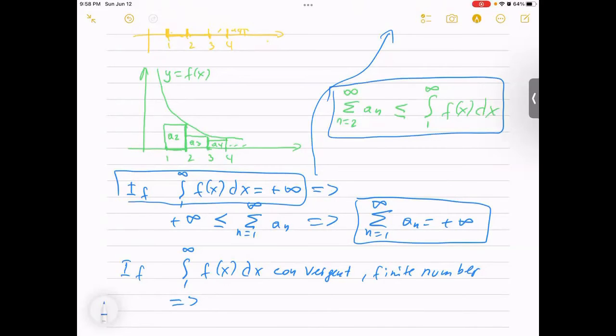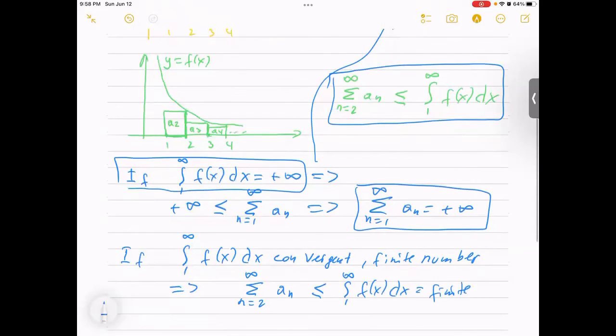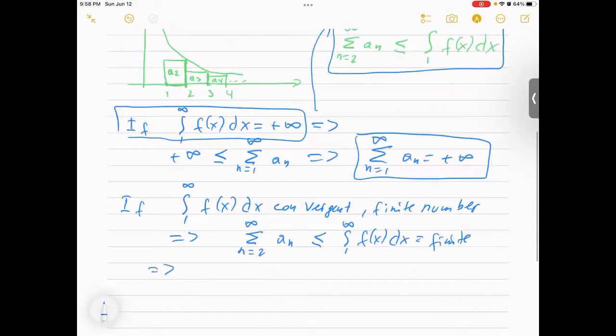From here, we get the sum for n from 2 to infinity of an is less or equal than the integral from 1 to infinity of f of x dx, which equals a finite number. So we conclude from here that the sum from n equals 2 to infinity of an cannot be equal to plus infinity.